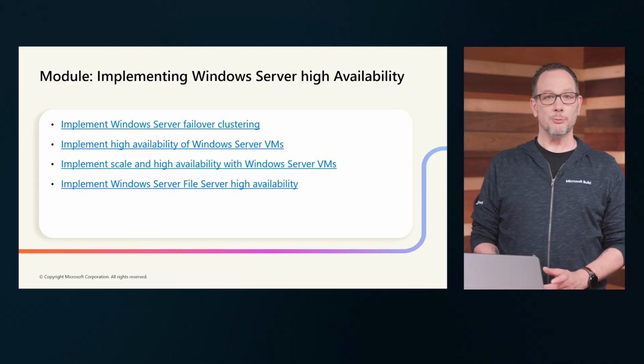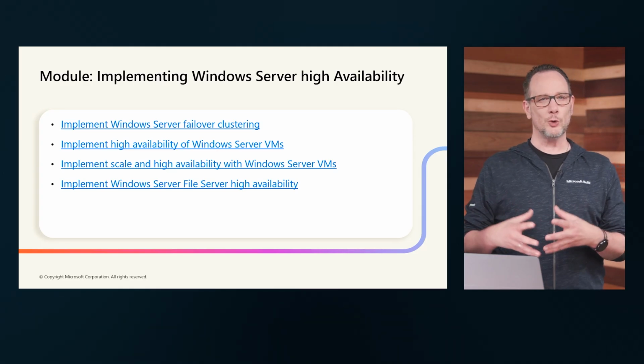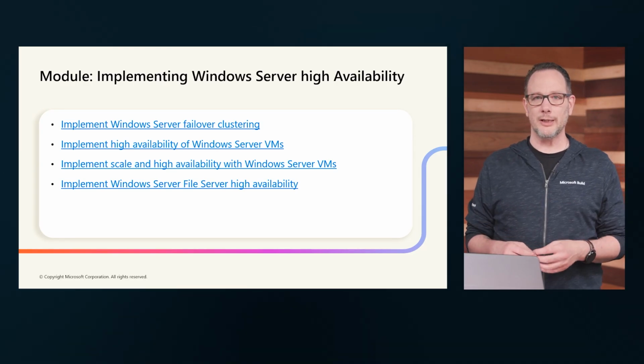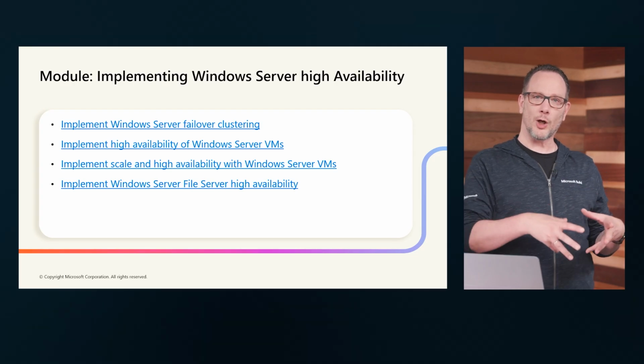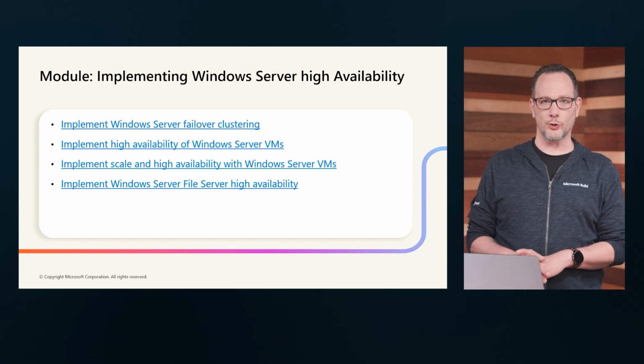Now, the high availability module is just about server high availability. The cool thing is that there's no difference building highly available clusters in an on-prem hybrid environment or in Azure. So that's why there's only one focused module.